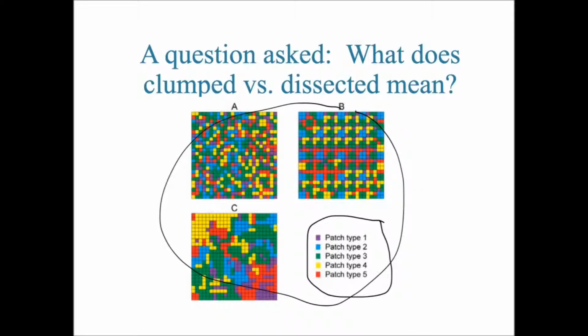Landscape B has a more regular pattern, but still dispersed of those same patch types. And landscape C, you can see, has a much more clumpy, or another metric term we use is contagious. It has high contagion in the landscape, and there's a lot of connectivity between patches of the same type.